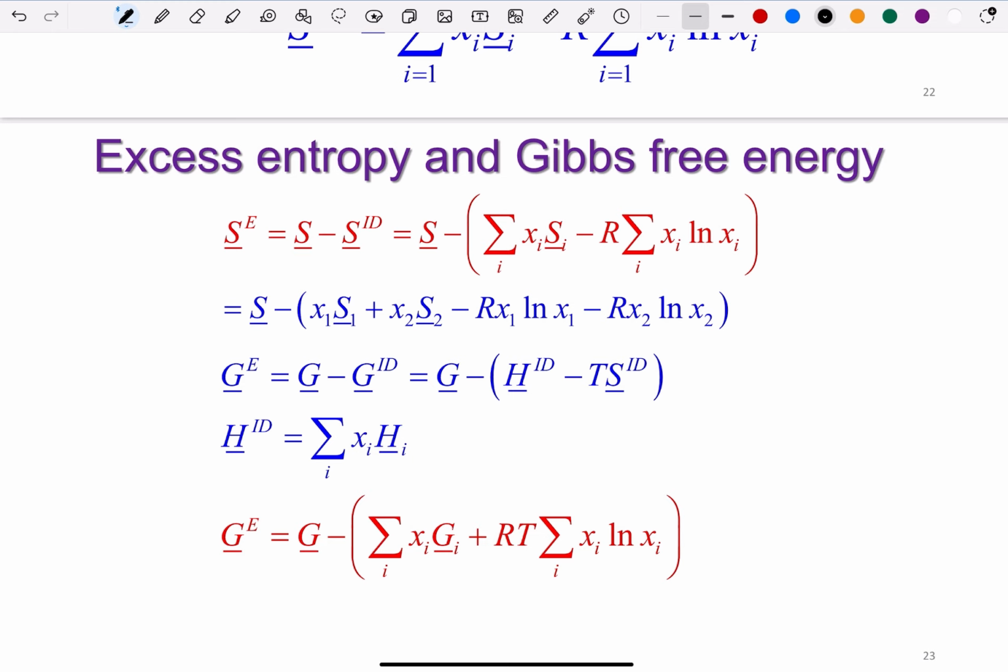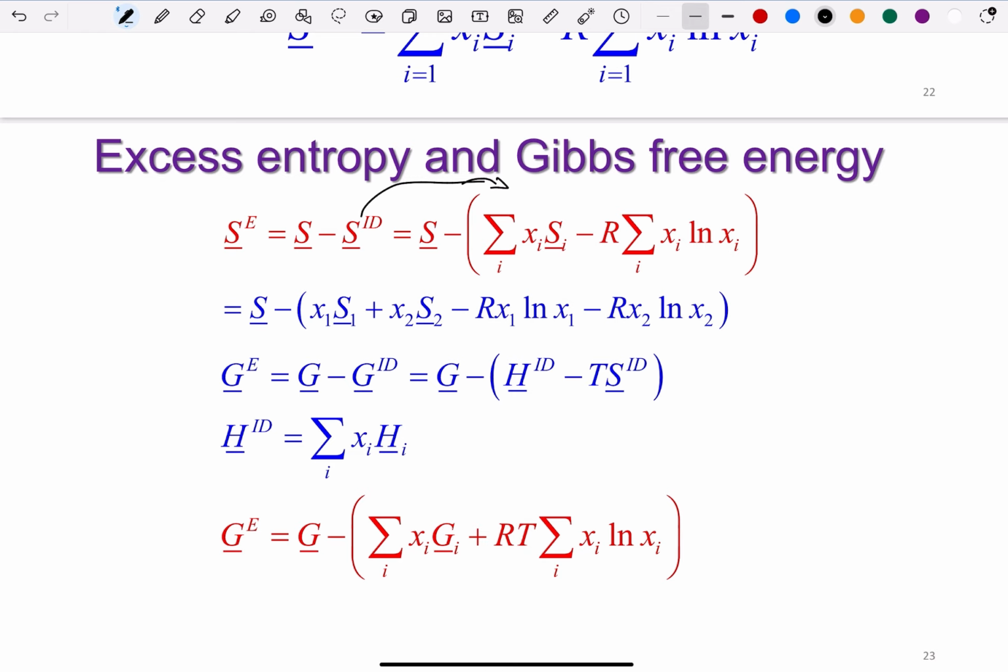I have basically replaced the equation that I had. And for a binary system, you can open it up and write it like that. Same thing that you can do for GXS. And this is also the same reason that G is not additive when you are mixing two things together, because it involves entropy.